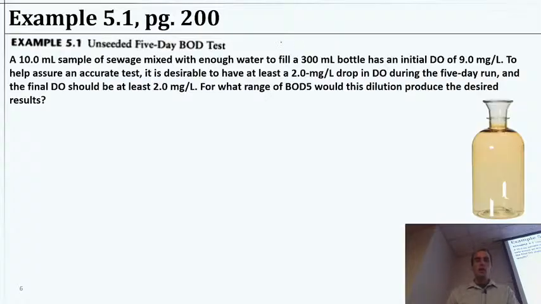So I'll give you a few minutes on this. You should be able to do it. I'm going to remind you of the two equations we just looked at.